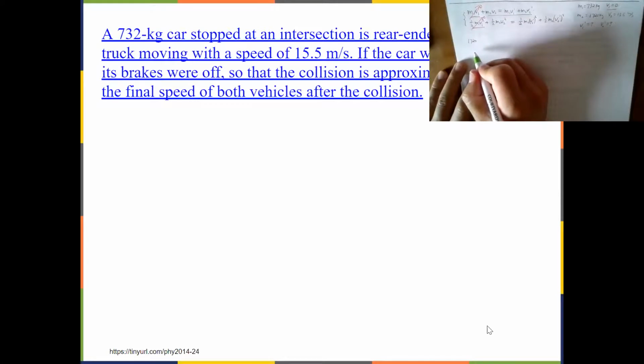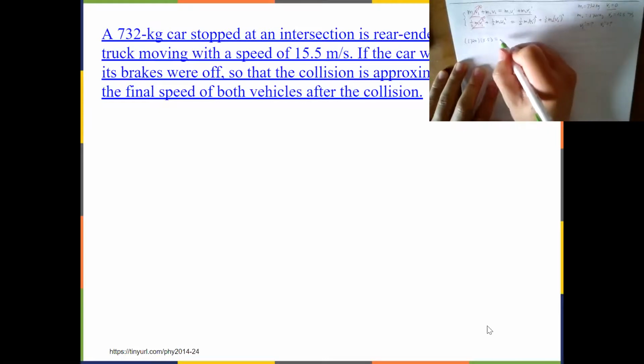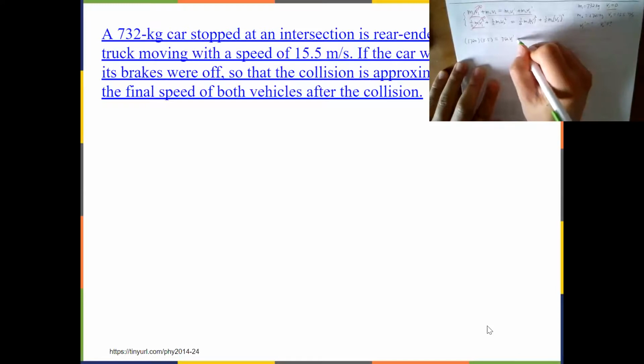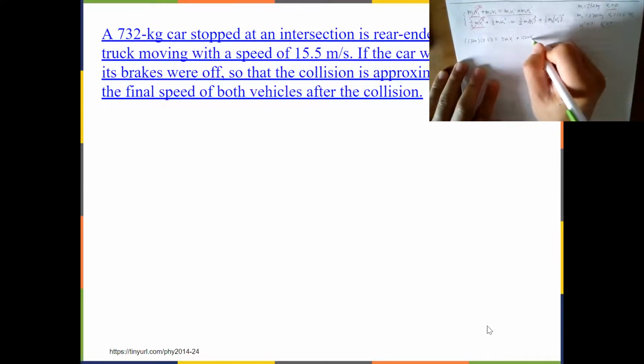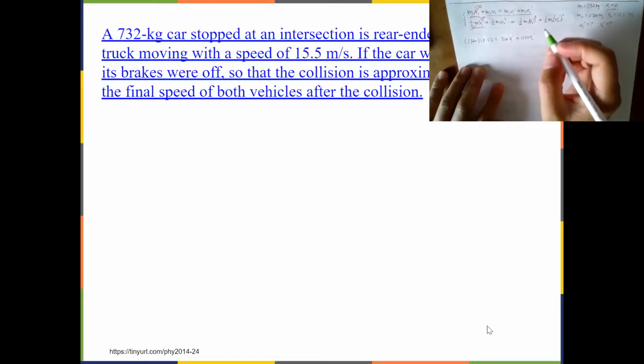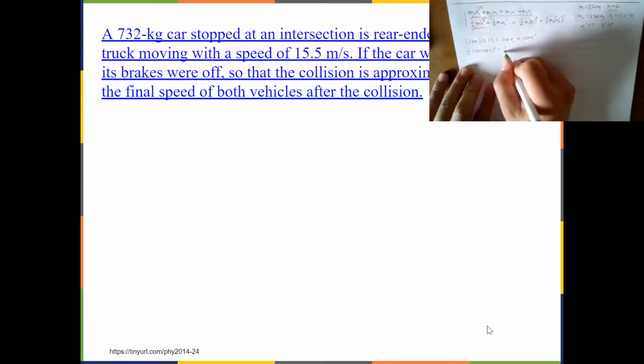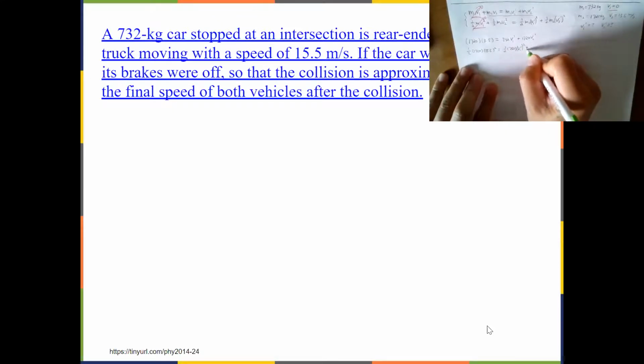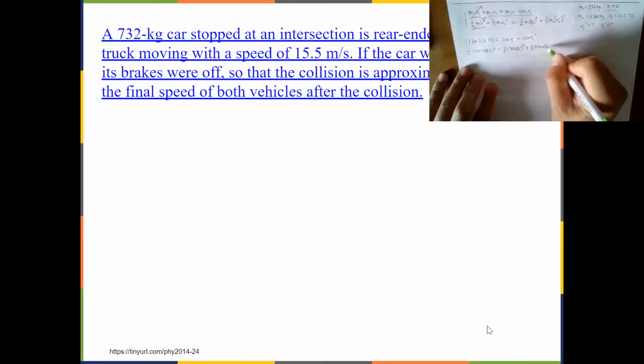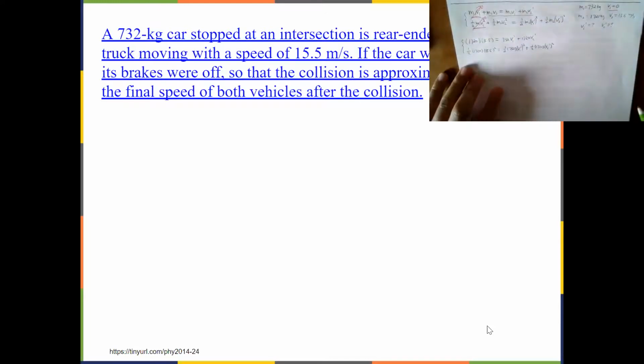So 1720 for m2 times v2 15.5 equals m1, which is 732, times v1 prime plus 1720 m2 times v2 prime. And the second equation is 1/2 times 1720 times 15.5 squared equals 1/2 times 732 times v1 prime squared plus 1/2 times 1720 times v2 prime squared. Now these are your two equations.